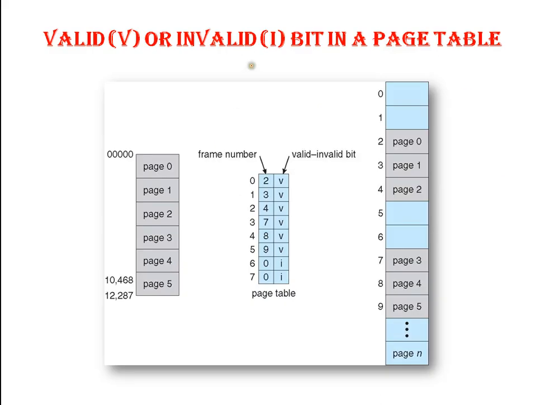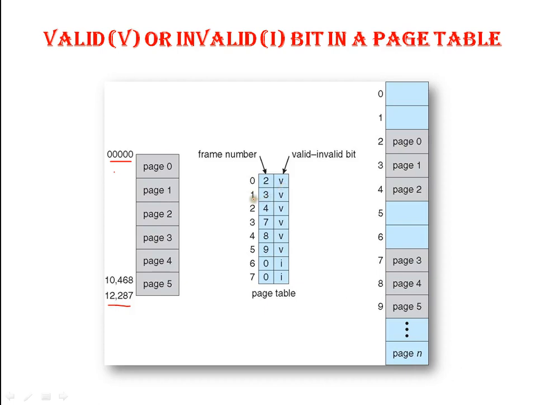What is this? We will see here. As you can see, whenever the page is stored, the memory is from 0 to 12,287. Here, page 0 is stored inside frame number 2, so it is called a valid bit.